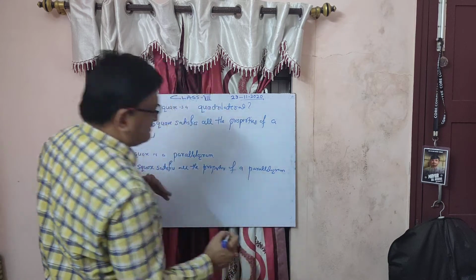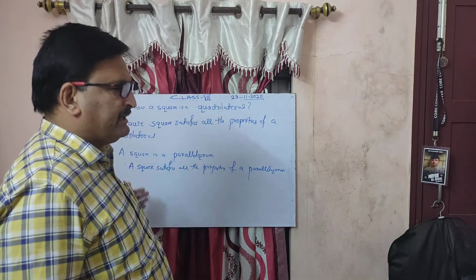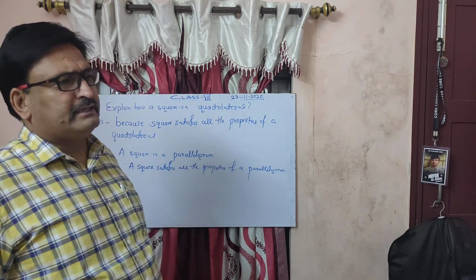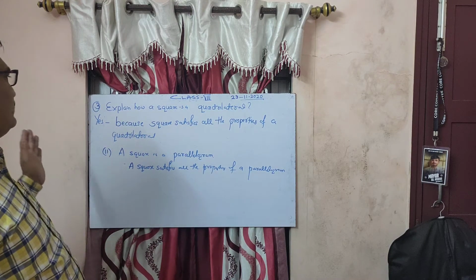If you want to explain it, then you have to write. So this is the property. You have to explain each property. Therefore, a square can be a parallelogram.